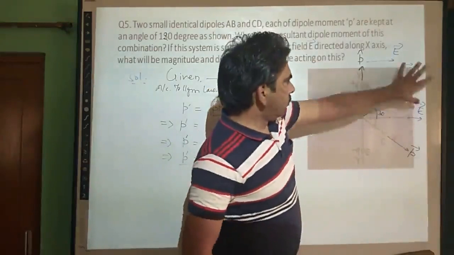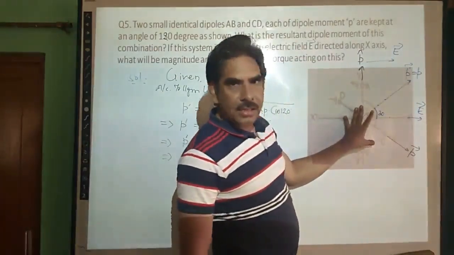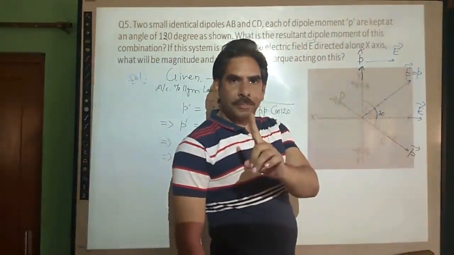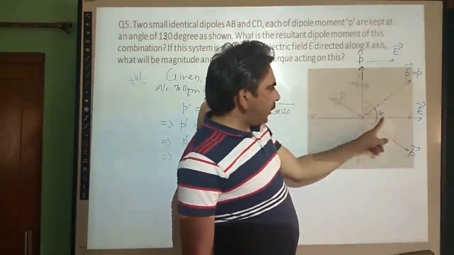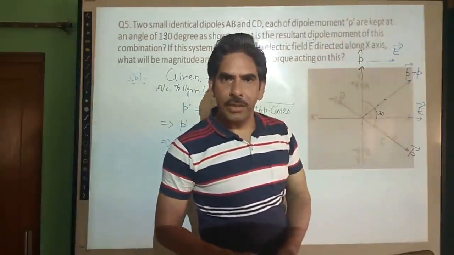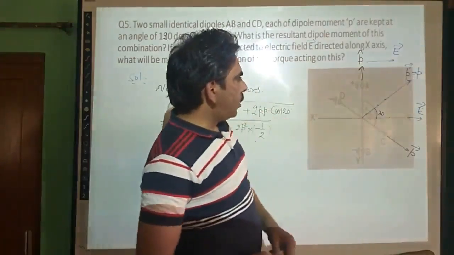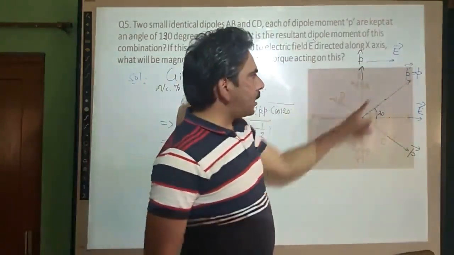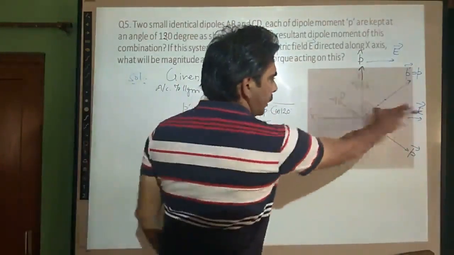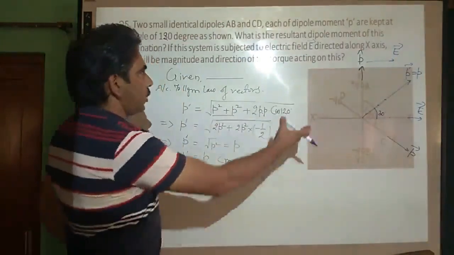So this system now behaves as one electric dipole having dipole moment P, making an angle theta with the electric field. Now these two dipoles behave just like a single dipole having net dipole moment P, making an angle theta with the electric field. So the situation is again clear.